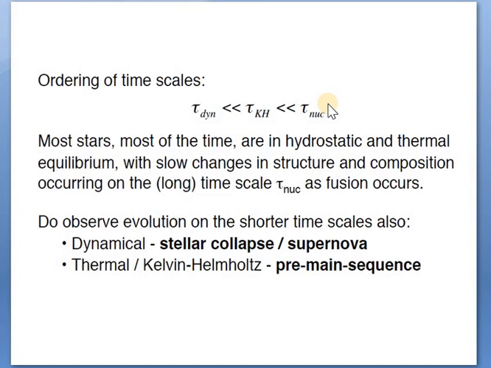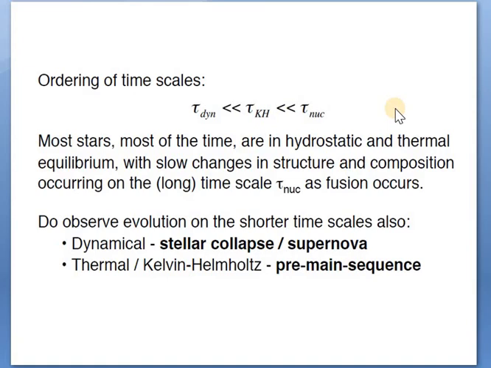Now, it is very important to note that the various time scales are related in this order. This is basically the ordering of the time scales. The lowest one is the dynamical, above it is the Kelvin-Helmholtz thermal one, and the greatest one is the nuclear time scale. Most stars, during most of their time, are in hydrostatic and thermal equilibrium, with slow changes in structure and composition occurring on the long time scale as fusion occurs.